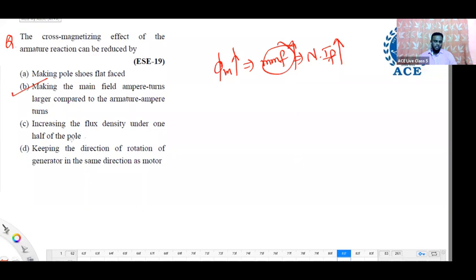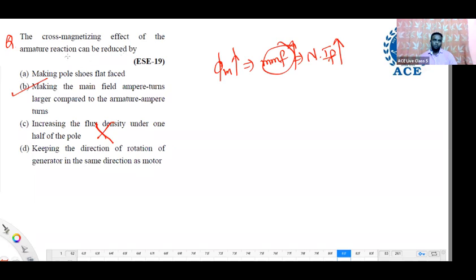Increasing flux density under one half of the pole. Is it correct? No. If you increase flux density under one pole, saturation. That is not correct. See, due to the cross magnetizing effect mainly they asked.